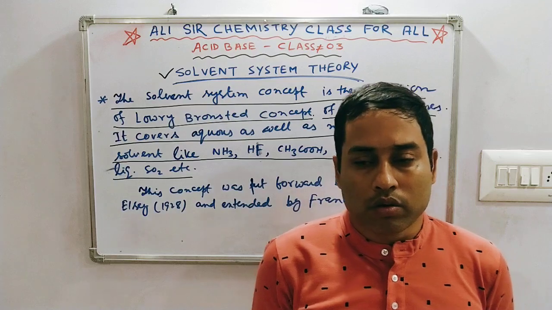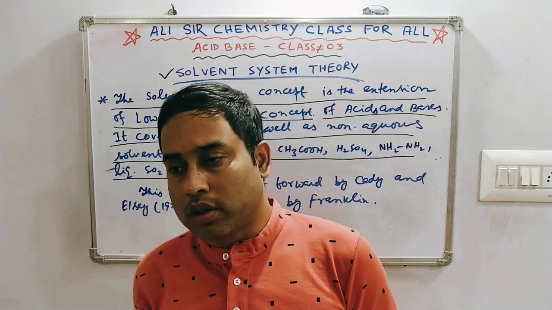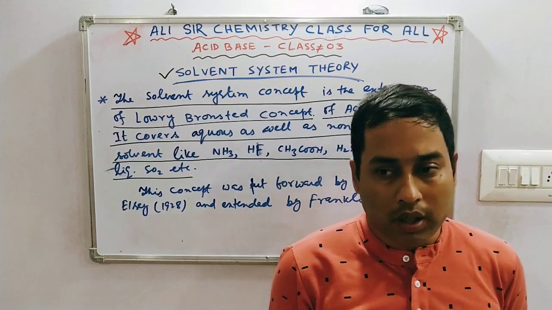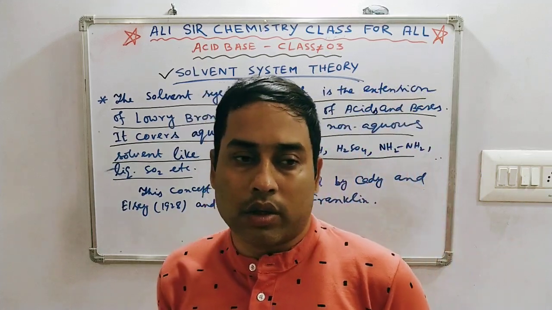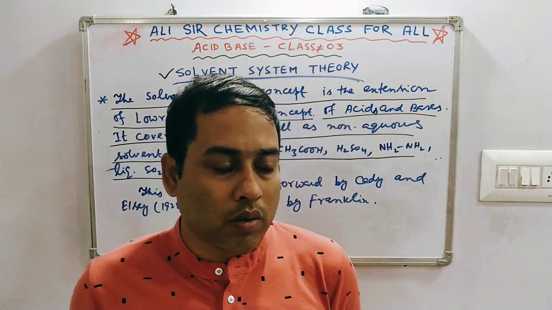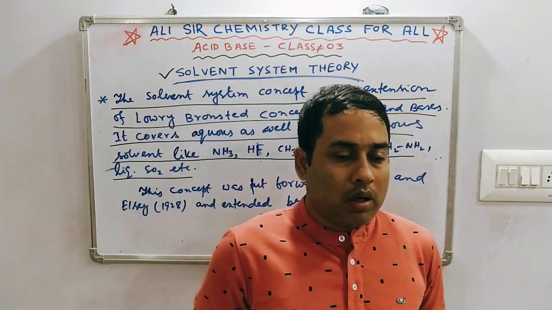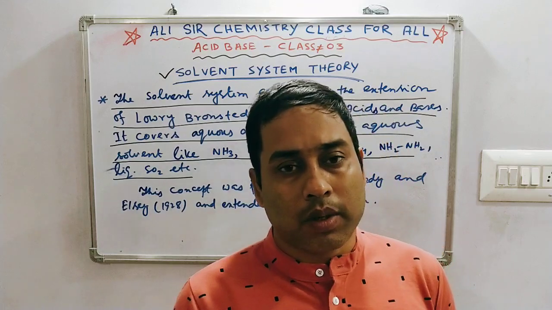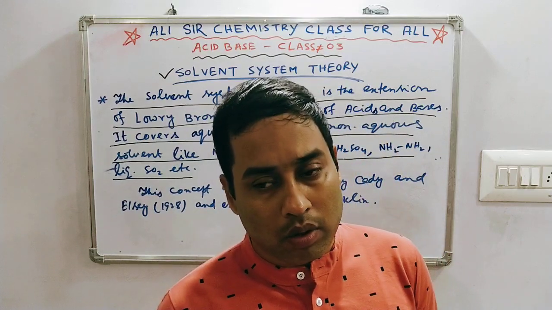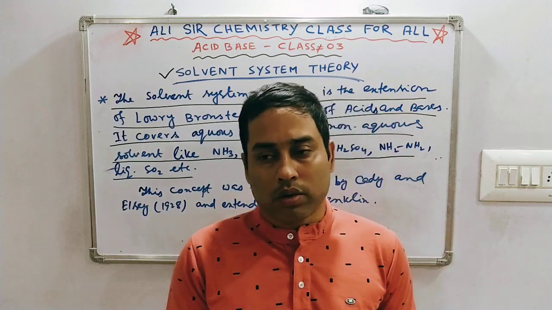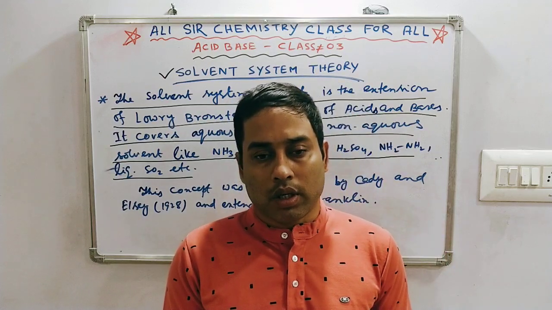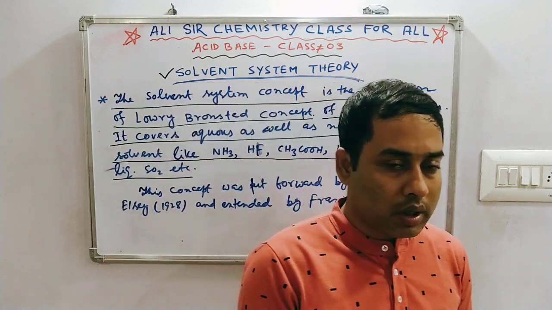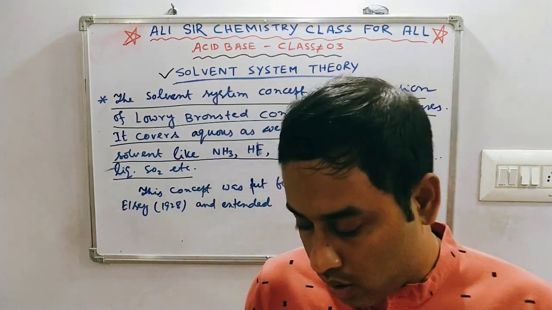Auto-ionization means two or three molecules dissociate so that one part becomes a cation and another part becomes an anion. For example, water molecules: one water molecule can donate an H plus ion, and this H plus ion can be accepted by another water molecule. So two water molecules dissociate to form H3O plus and OH minus. This is called auto-ionization of the solvents.